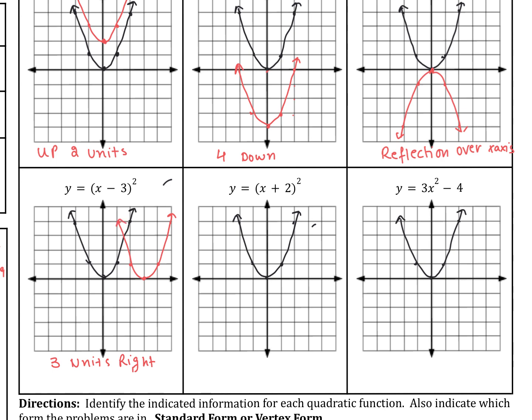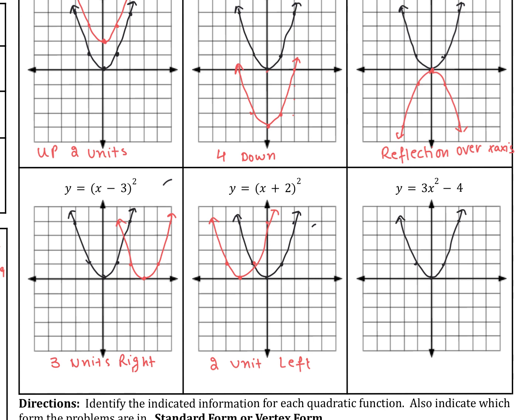When it is plus 2, that is 2 units left, so that's going to be your translated graph, moved 2 units left.